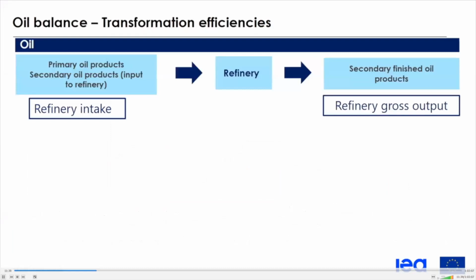So if we have a look at how we can try to check our data and make sure our data makes sense, one of the main things that we are paying attention to is the transformation efficiencies. When you take any transformation, here we'll be focusing on refineries, we check the outputs and the intakes of the refinery.